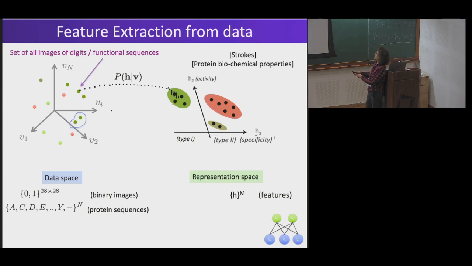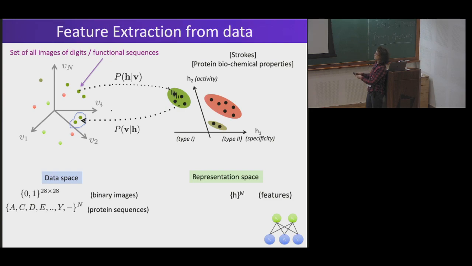And so the idea is to go from this space to the hidden space by a probability distribution, which is the probability of the activity of the hidden units given an input sequence. And then you want to go back, in the sense that you want to define a probability of generating some data or some sequences, having fixed the hidden unit values.